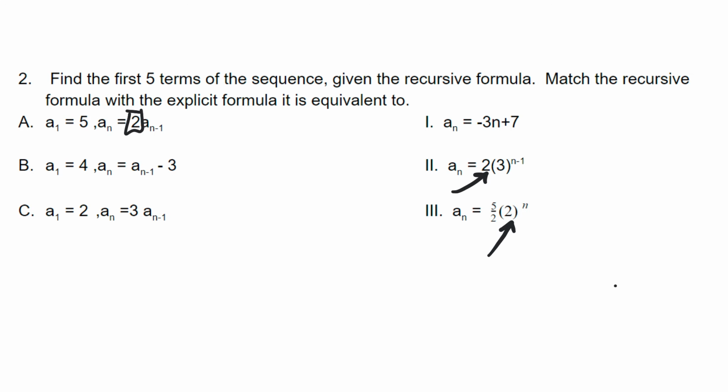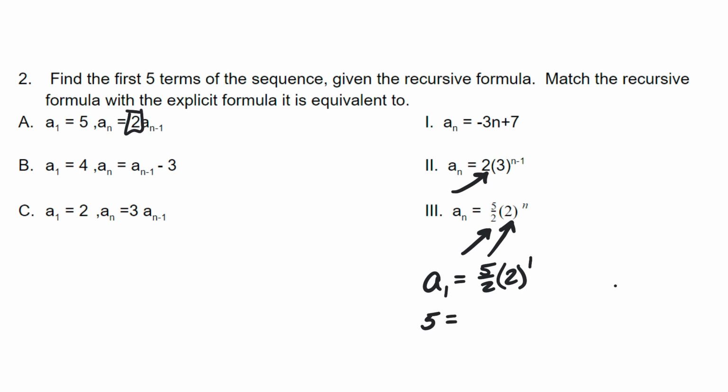So now if you're looking at this and you're saying, well, isn't a sub 1 supposed to be 5? Well, we'll talk about that in just a second, but let's just see if it actually works. If we're talking about a sub 1 in our equation, that means we are going to plug in the number 1, and when we do this, the result should be 5.